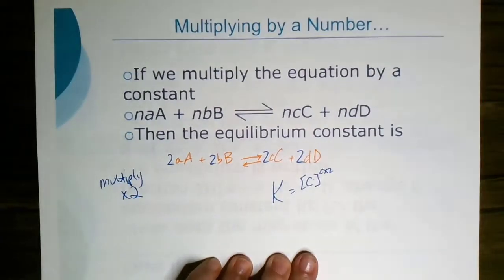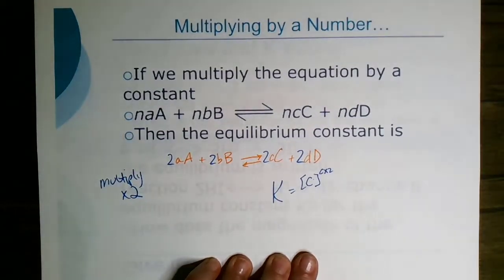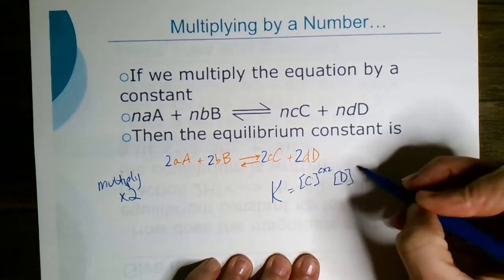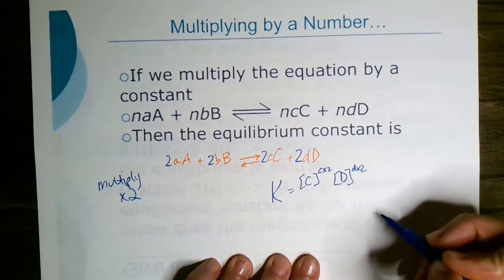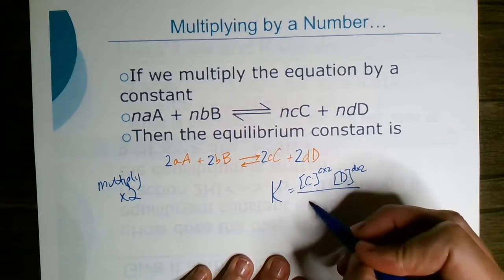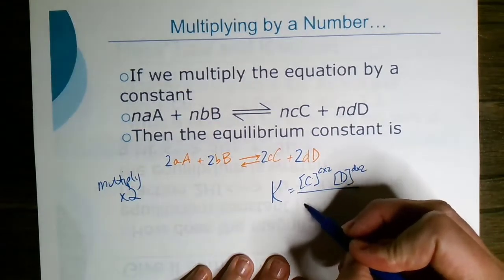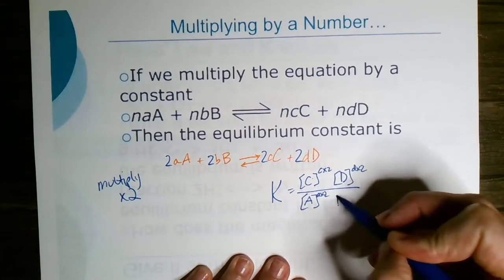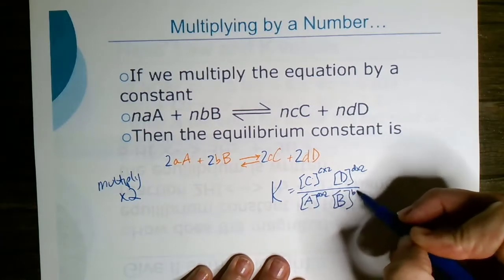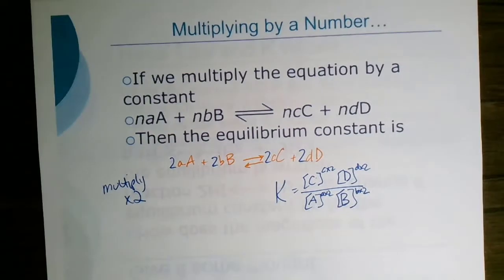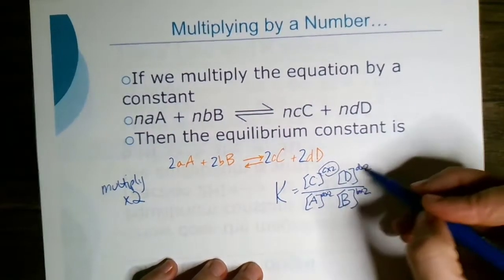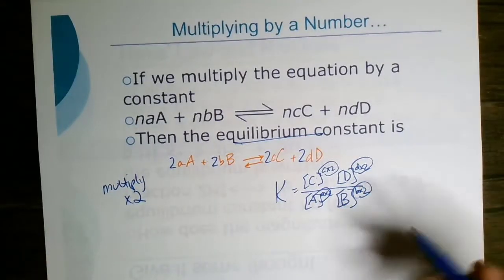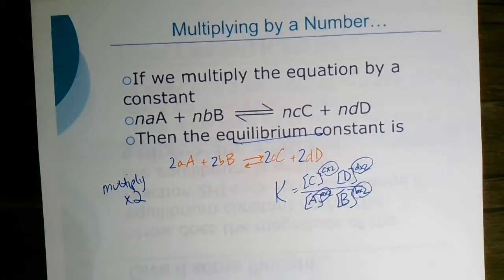That changes that exponent, or that power, times D to the d power times 2. So that's my products over my reactants. This would change that equilibrium constant because my powers would all be raised to the second power.